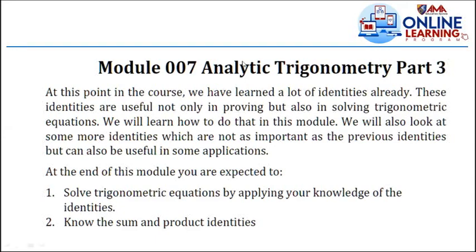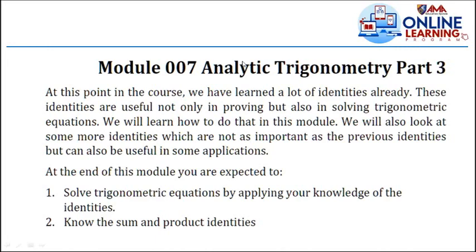At this point in the course, we have learned a lot of identities already. These identities are useful not only in proving but also in solving trigonometric equations. We will learn how to do that in this module. We also look at some more identities which are not as important as the previous ones, but can also be useful in some applications.